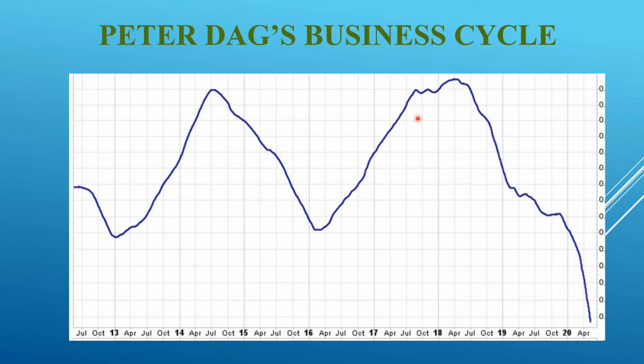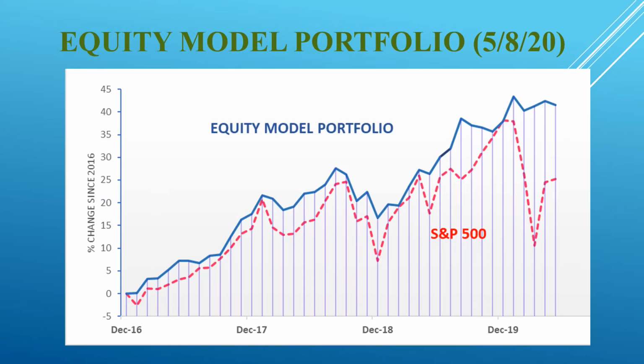Let's see how I now use these two concepts to design the portfolios, and quite frankly, they have an excellent performance record. This is the equity model portfolio, which is published in every issue of the Peter Duck portfolio, and this is the blue line. What we do here is select stocks that are cyclicals, strong performers during a strong phase of the business cycle.